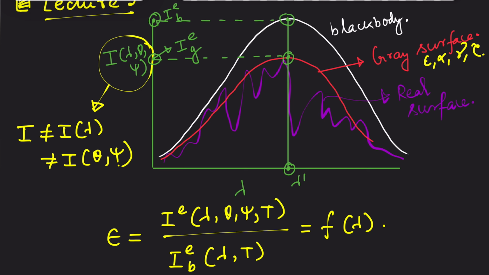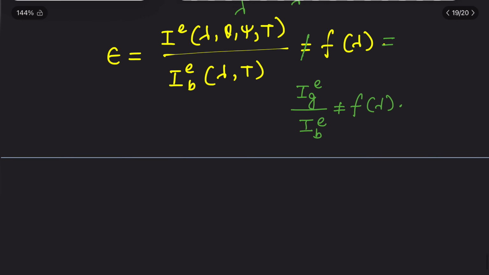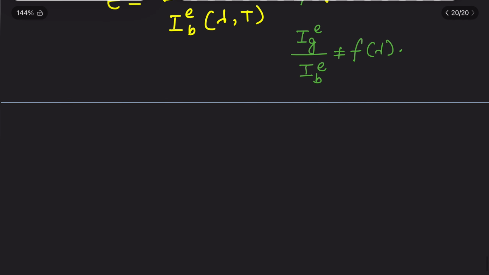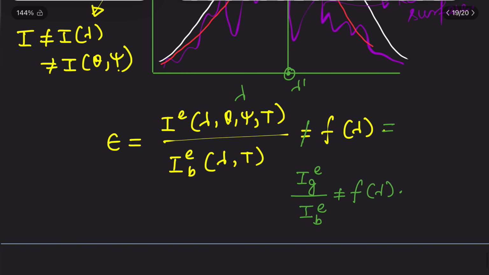So they will hold this property: I gray emissive by I B emissive is not a function of lambda. This is what a gray body is: the surface or body properties like transmissivity and absorptivity are not a function of lambda. If I say diffuse body, then they will not be a function of direction, that is theta and psi. Clear? Okay.